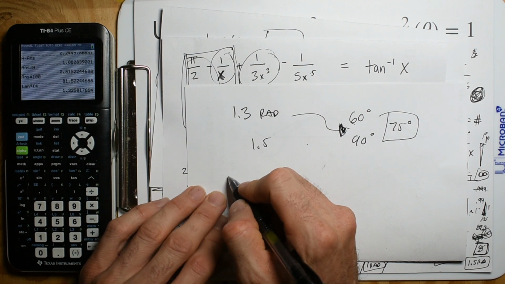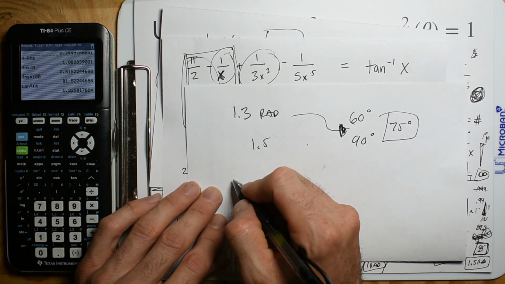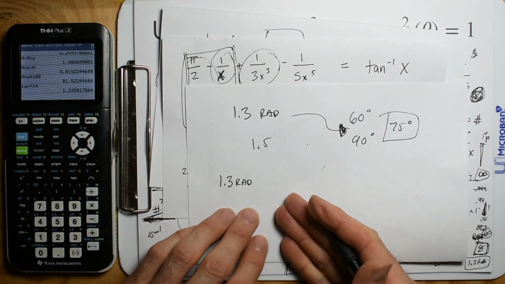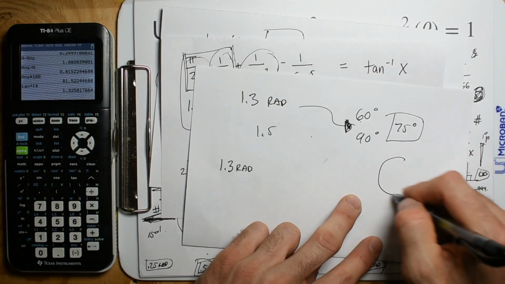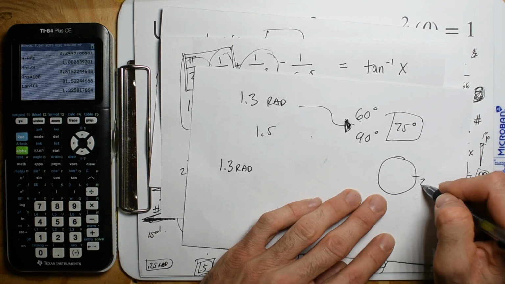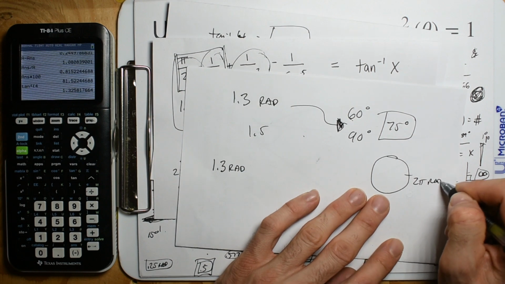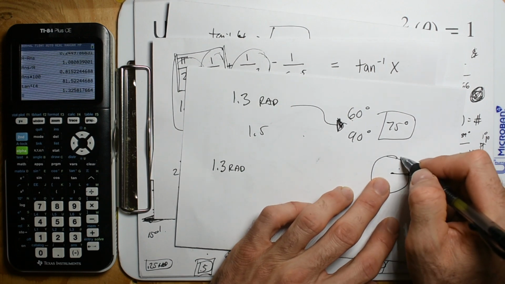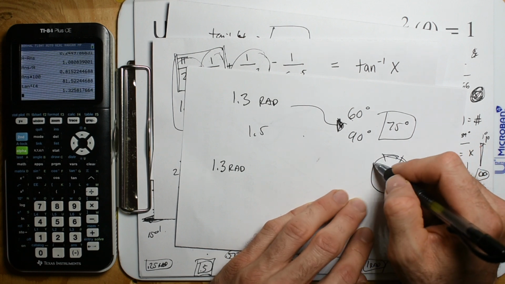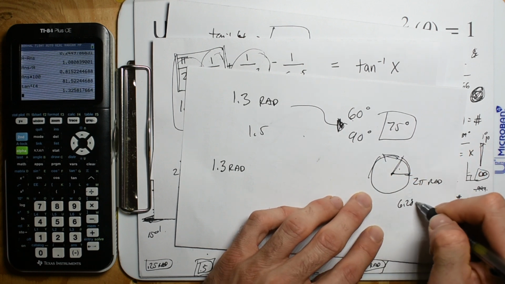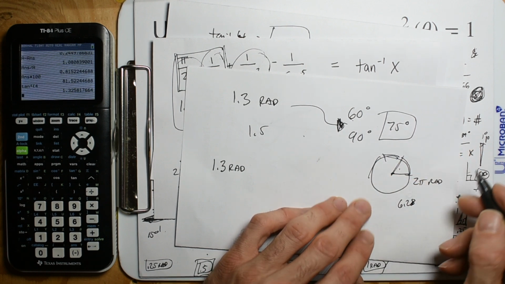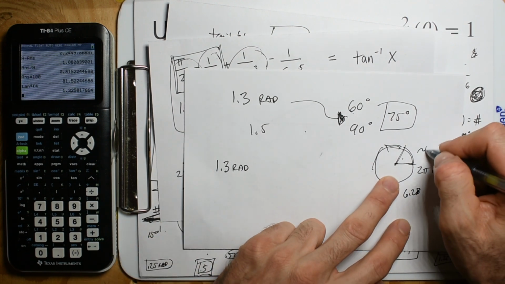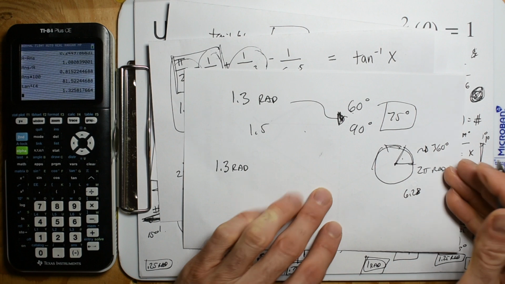Now, we need to know this. Factor label just says, hey, I just want to change the units. And we know that a circle is like 2 pi radians, just because if you drape this radius around the circle, you can do that 6.28 times. That's going to be equivalent to a 360 degree circle.